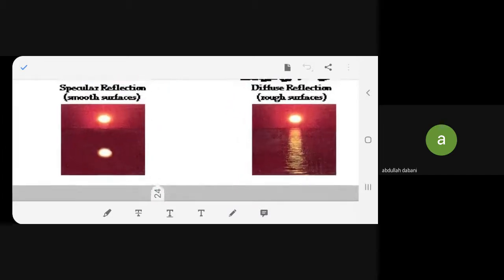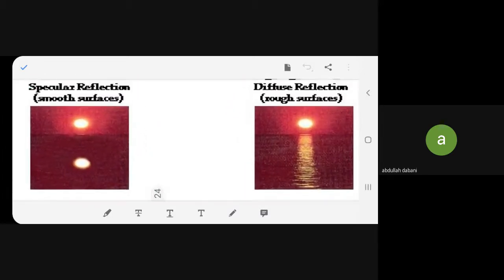Can you see this? Can you get the difference between regular reflection and irregular reflection? This is what happens on the rough surface, and that happens on the smooth surface. Any problem with that? Now I'm going to show you both. So this is how it looks.